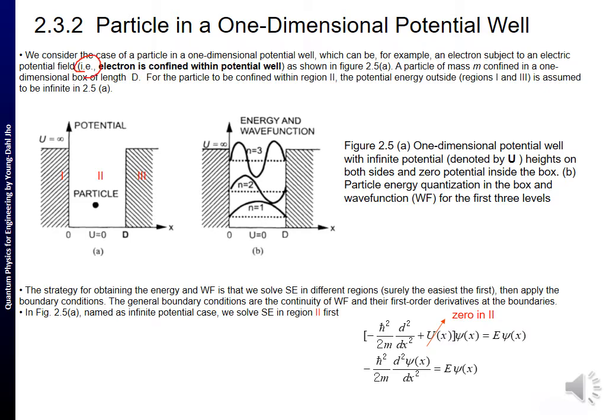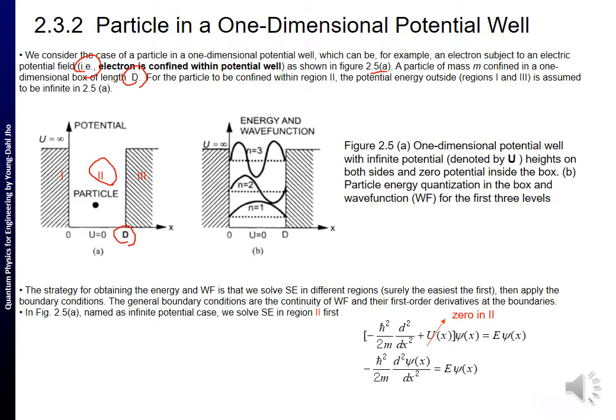In other words, electron is confined within potential well, as shown in figure 2.5a. A particle of mass m confined in a one-dimensional box of length d. For the particle to be confined within region 2, so confined region is named as 2.